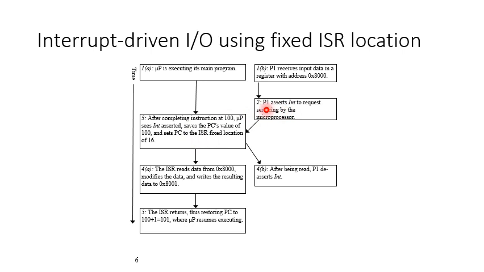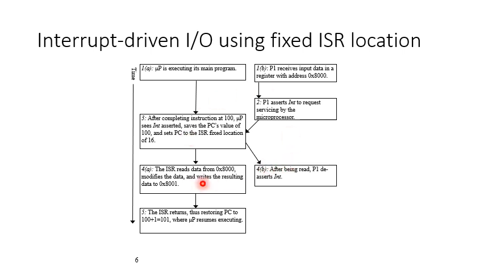We have a fixed location for this service routine, and that is 16. So the microprocessor completes the instruction, saves the program counter address, sees the interrupt is asserted, and finally sets the program counter to the value of the ISR, which is fixed.